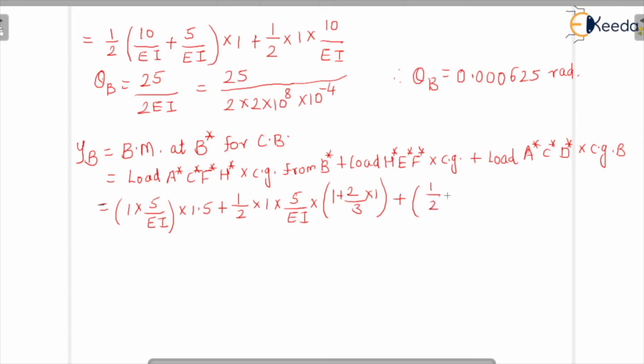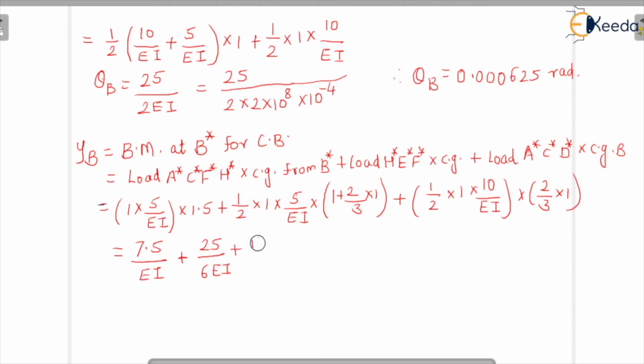So 1/2 into 1 into 10 by EI into 2/3 of 1. After calculation, we get 7.5 by EI plus 25 by 6 EI plus 10 by EI.